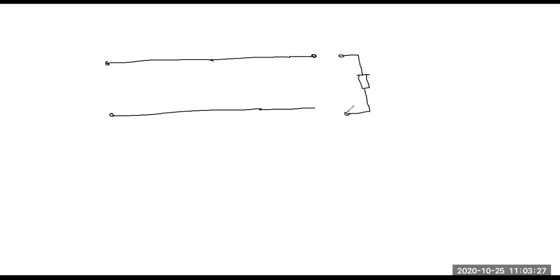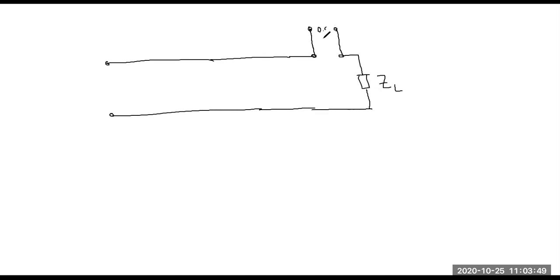Now the same problem can be solved with the help of series stubs. So what we will do is make one cut in the cable. Now this is the load. There is a series stub, and we will connect our stub at this point.